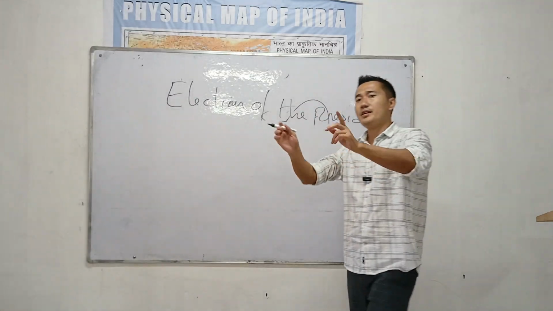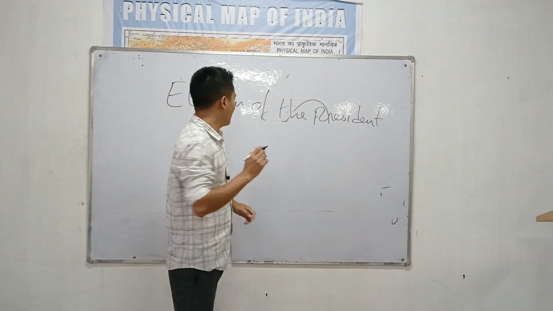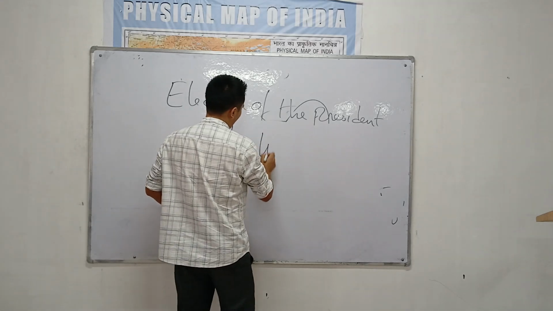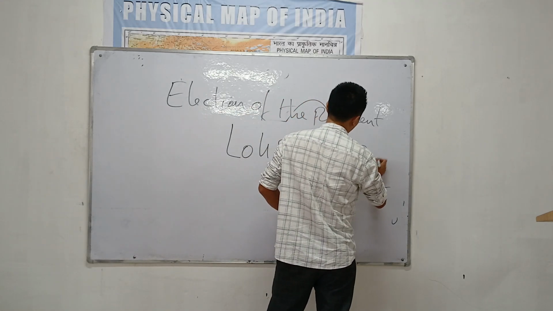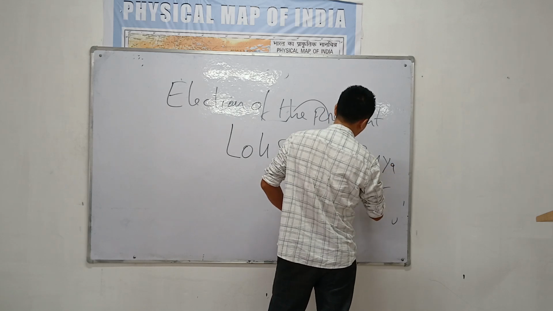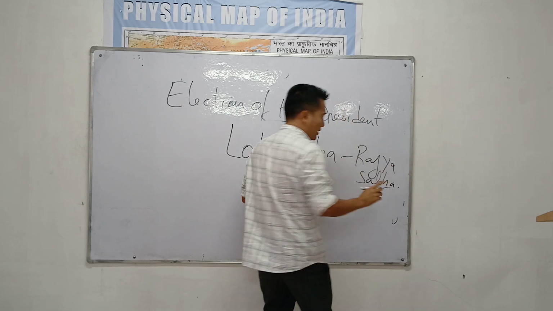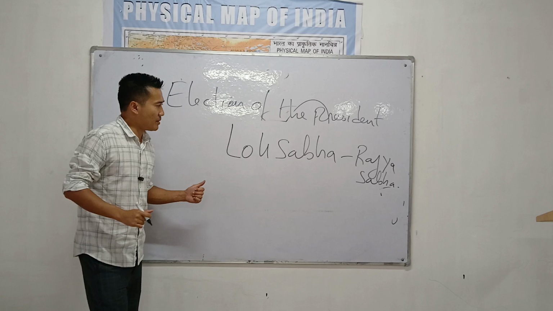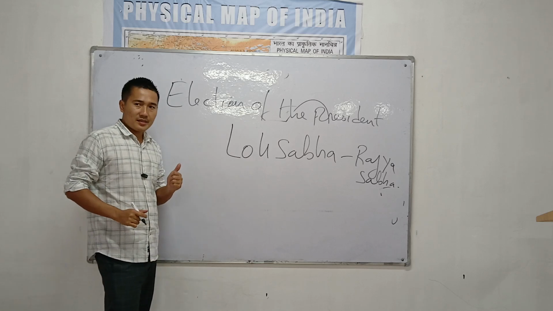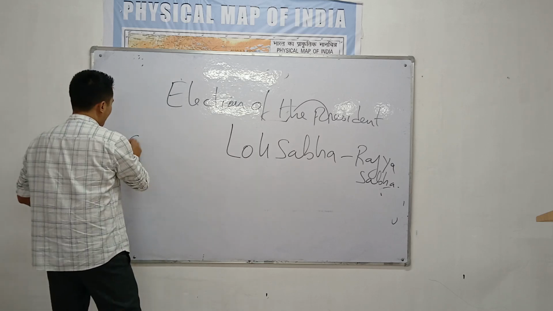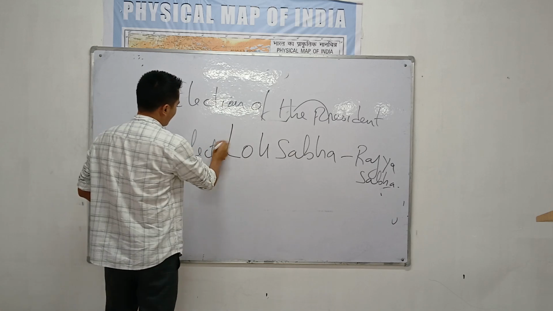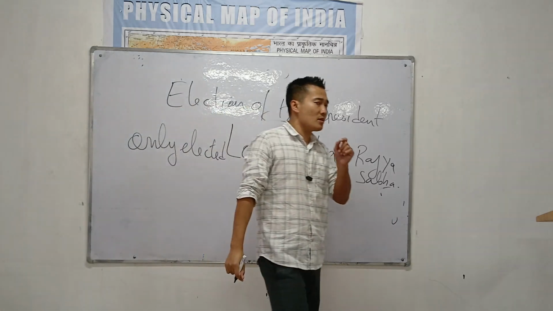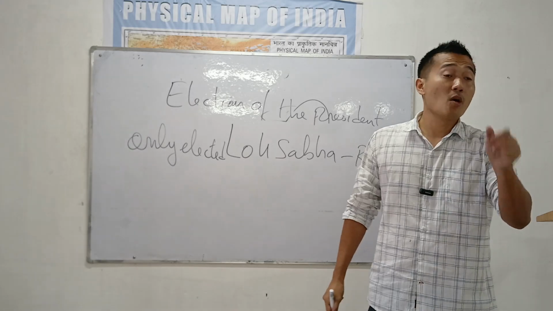Remember, the President of India is elected by Lok Sabha and Rajya Sabha. But here, please remember this. The President is elected only, this is so important, only elected members of Lok Sabha and Rajya Sabha.